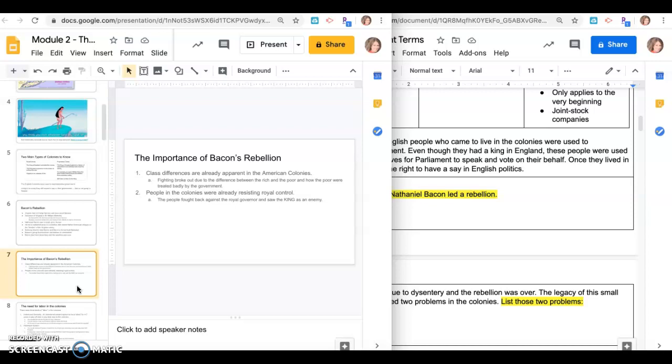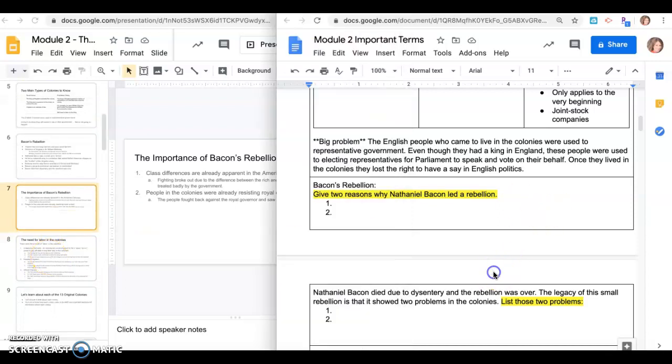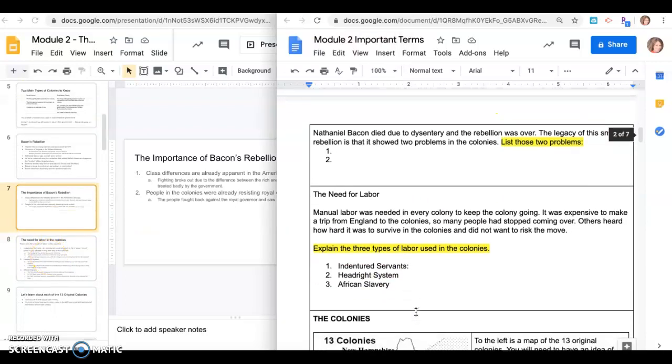The other thing that this points out is that people in the colonies are already resisting the royal control. Berkeley was the royal governor, and people are already resisting what the crown tells them to do, which sets the stage for the American Revolution. All right, that's one of those big events early on that's going to shape how the colonies look.